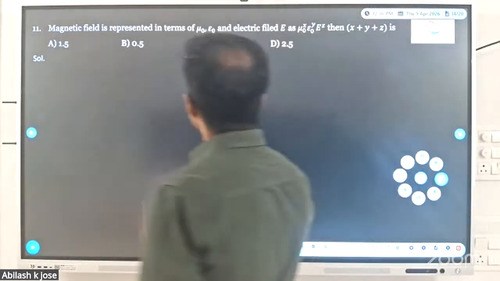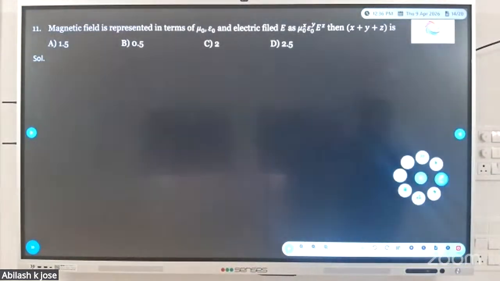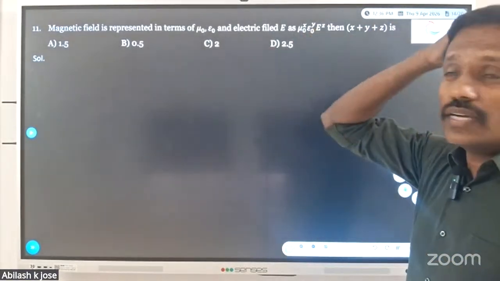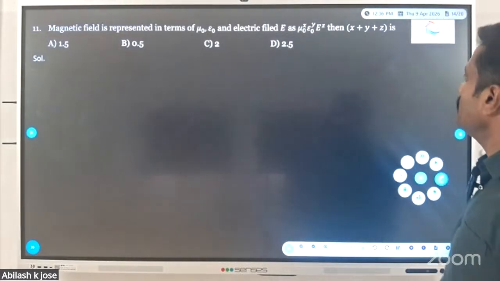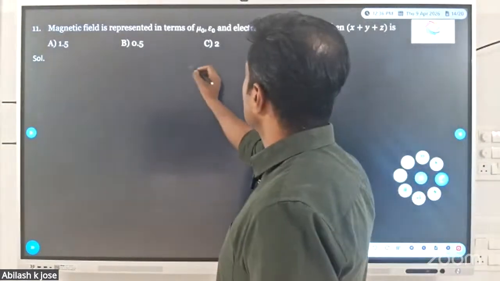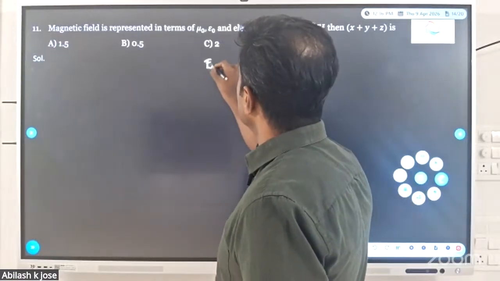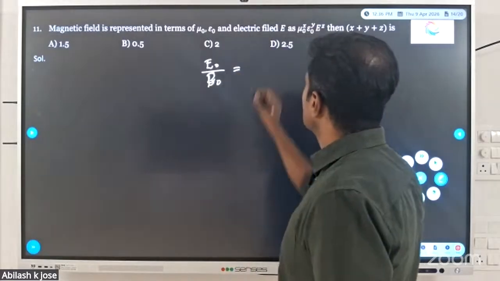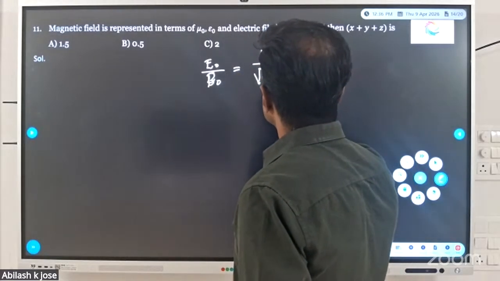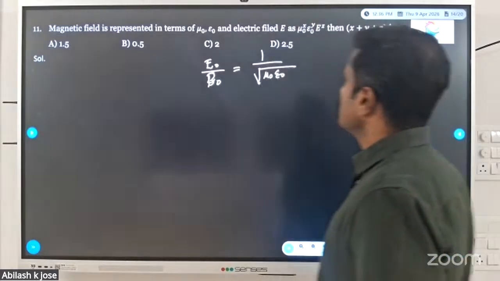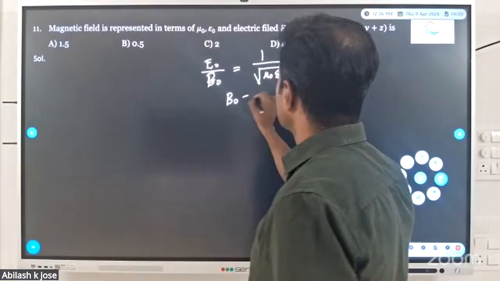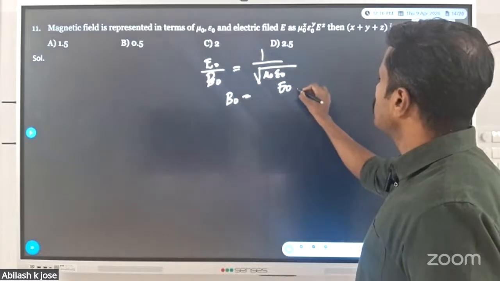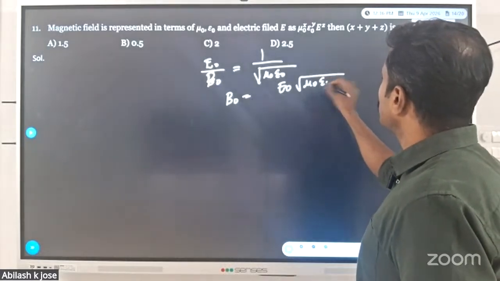The magnetic field is represented in terms of mu naught, epsilon naught and c, as mu naught to the power x, epsilon naught to the power y, and c to the power z. That is the formula we use. You know that from electricity and magnetism, c is equal to 1 by root of mu naught into epsilon naught, from electromagnetic waves.